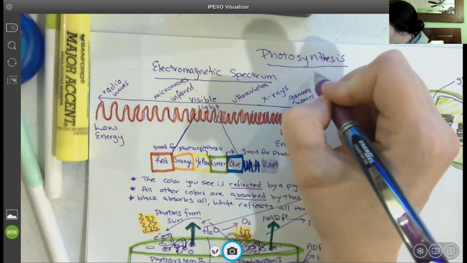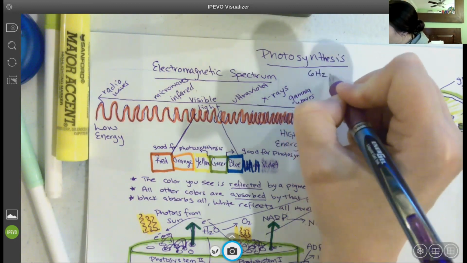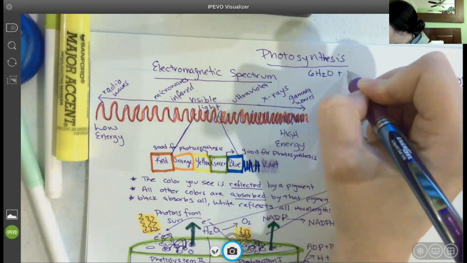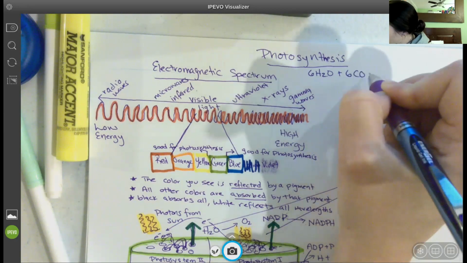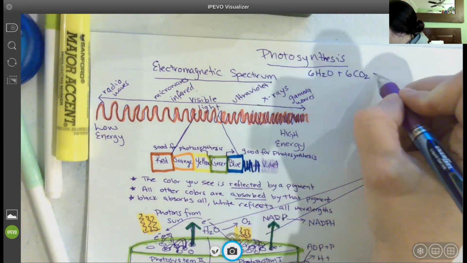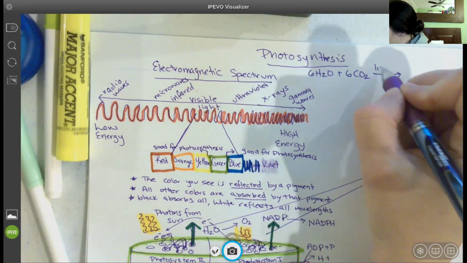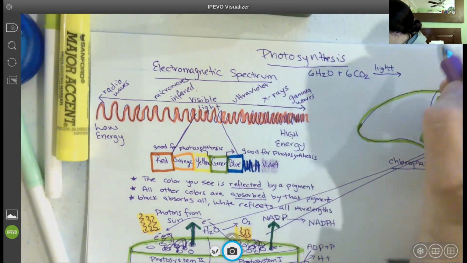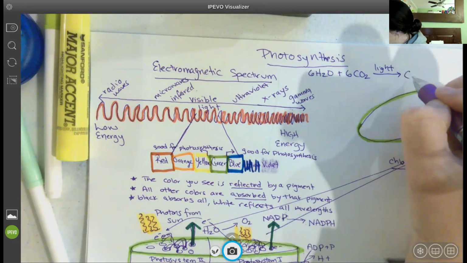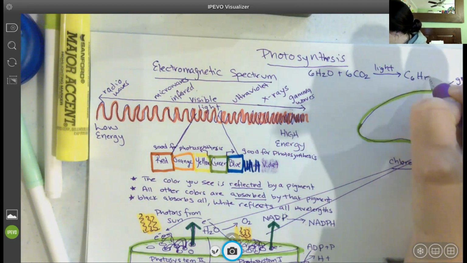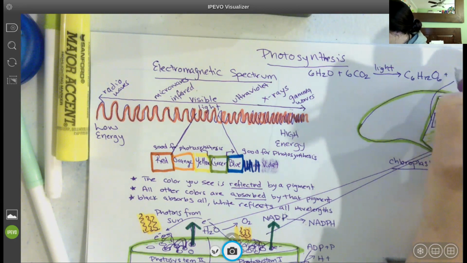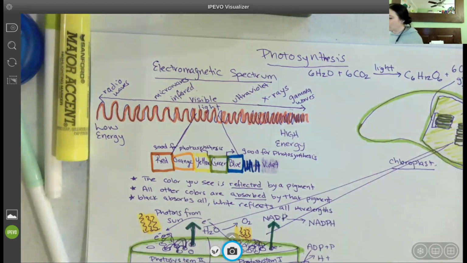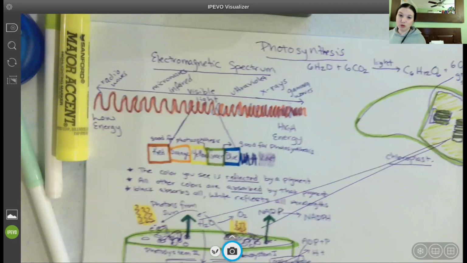Photosynthesis reaction is 6 water plus 6 carbon dioxide. As long as you have light, you will end up with 1 glucose plus 6 oxygen.